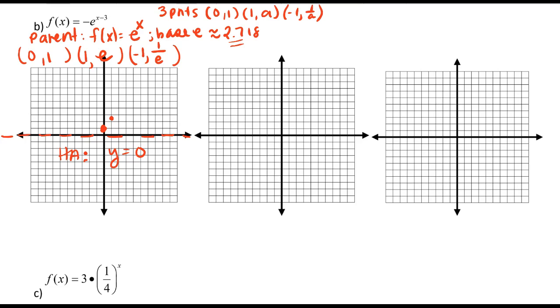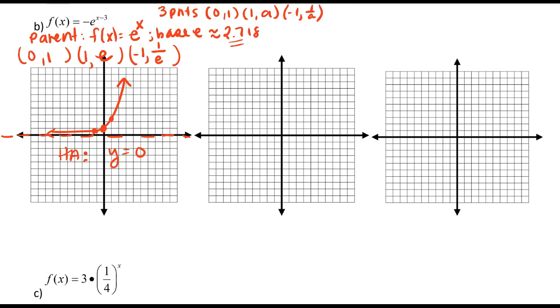Then I have negative 1, 1 over e, it's obviously less than 1, so I'm going to make a dot in between 0 and 1. So this is my dot, curve that, connect those, make my dots bigger because it looks like I'm kind of covering them up.